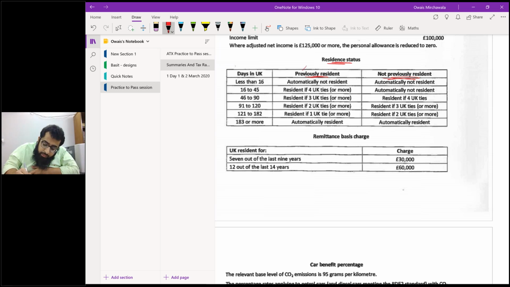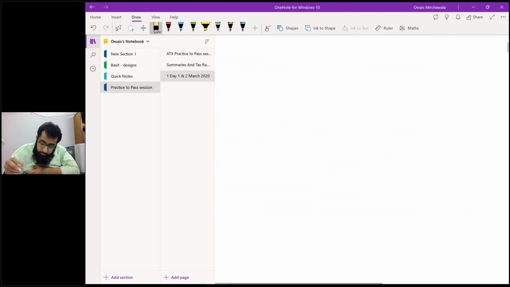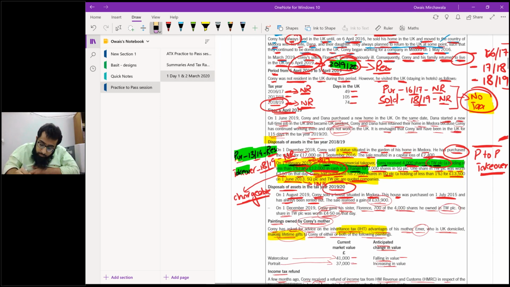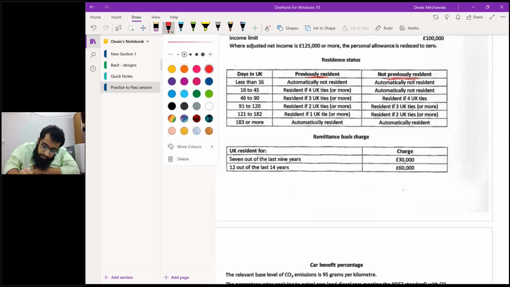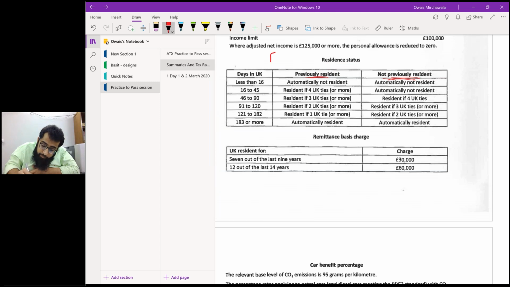Previously resident means resident in any of the previous 3 fiscal years. This is called previously resident.